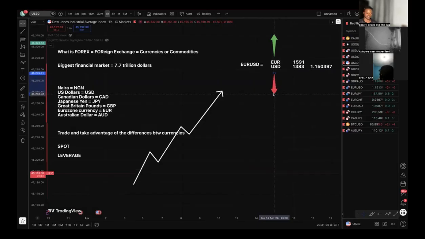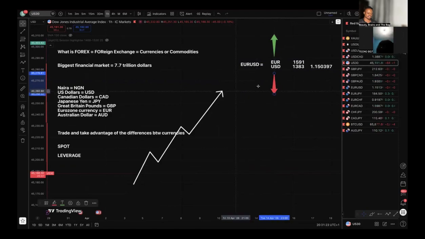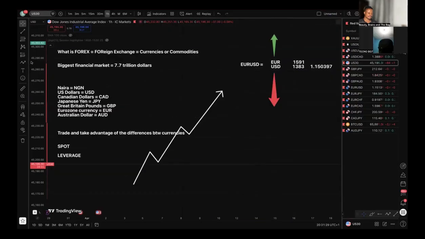And vice versa. If they are both like this and Pelumi suddenly gains strength, he'll be able to pull this pair down, and this would be a downtrend.